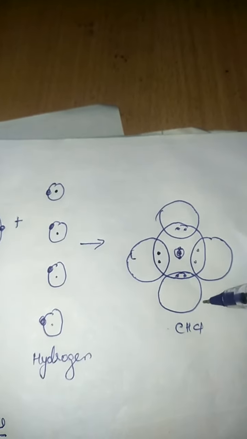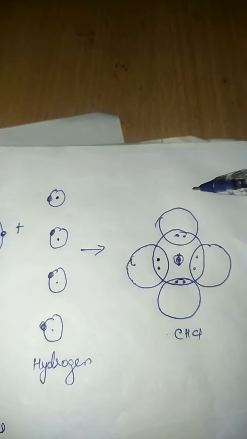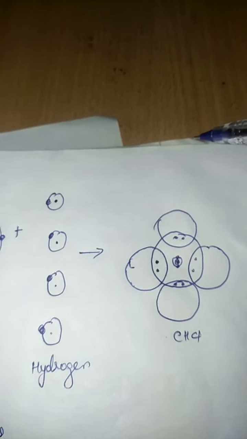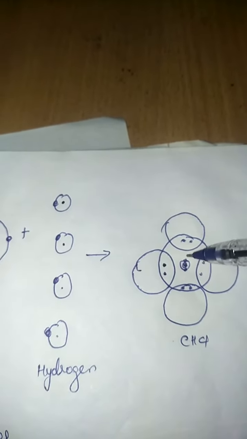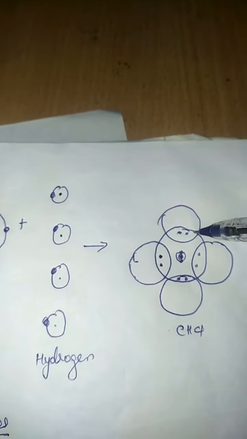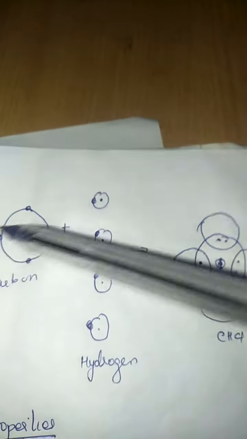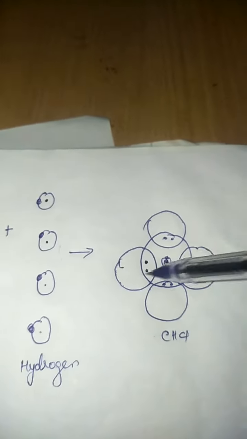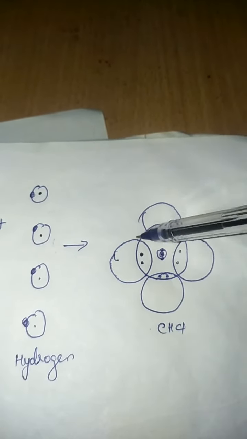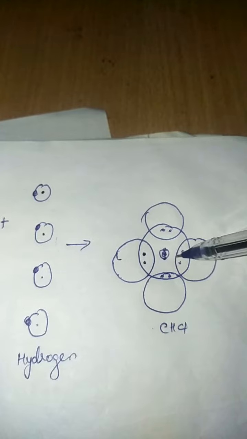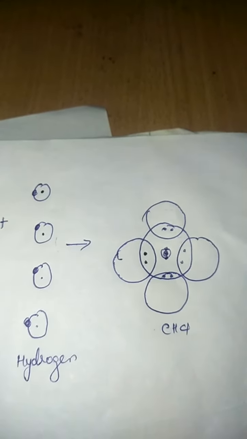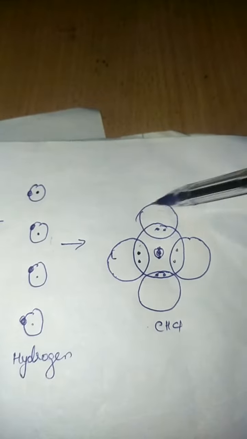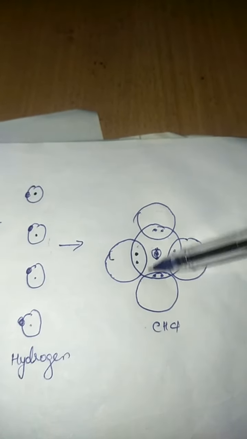Like this, non-metals share their electrons among themselves. It may be shared with one atom or with different atoms. Anyway, they have to become a stable structure. See, carbon has 4 valence electrons shared with the 4 hydrogen atoms, so it forms covalent bonds.